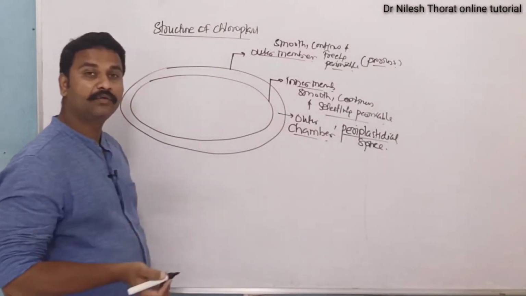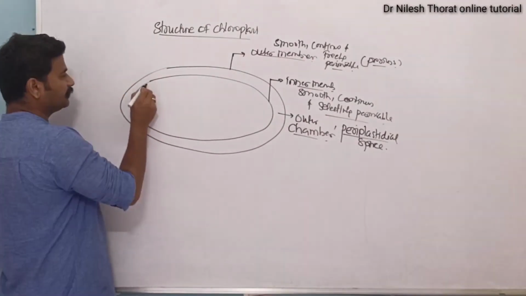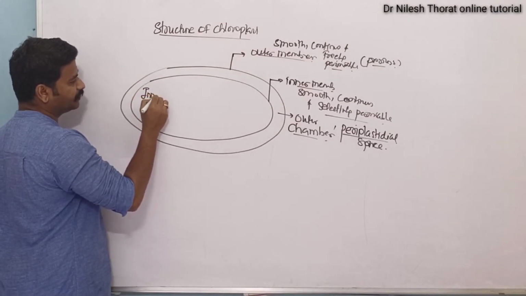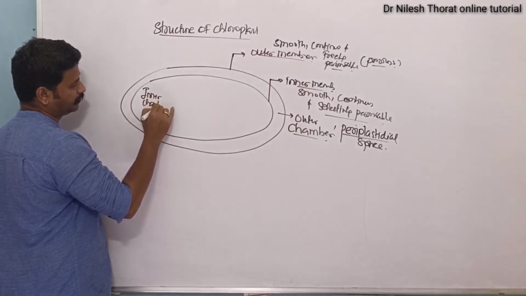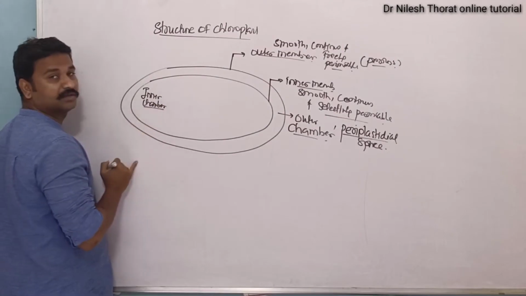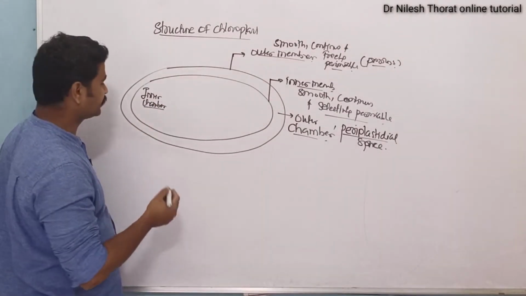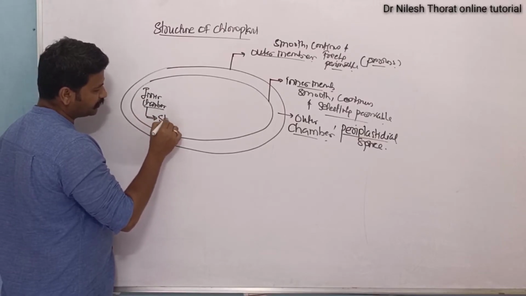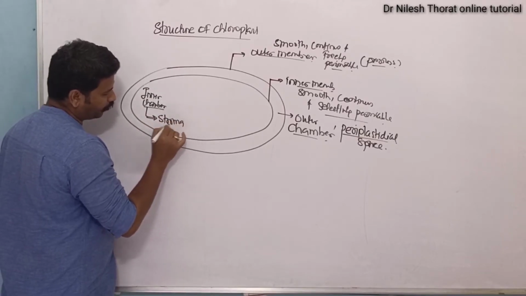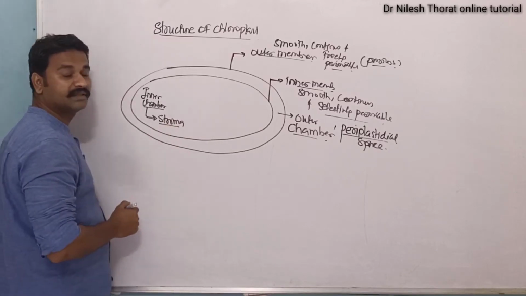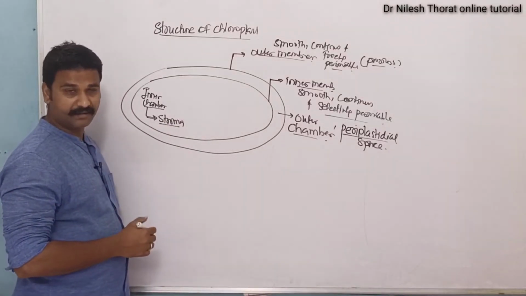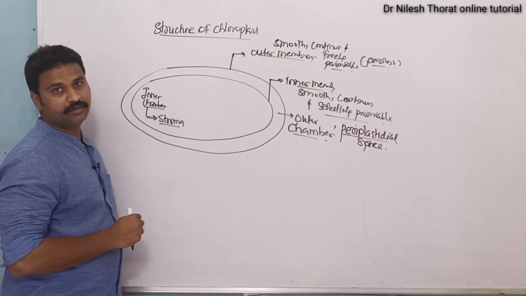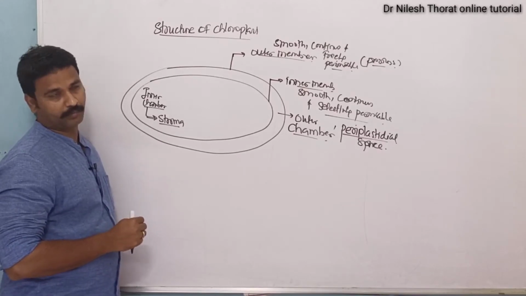While the space bounded by inner membrane, inside the inner membrane, is called as inner chamber, and this inner chamber is filled by the ground substance called as stroma. In case of mitochondria, we have called this fluid substance inside the inner membrane as matrix, but here this fluid substance which is present inner to the inner membrane is called as stroma.